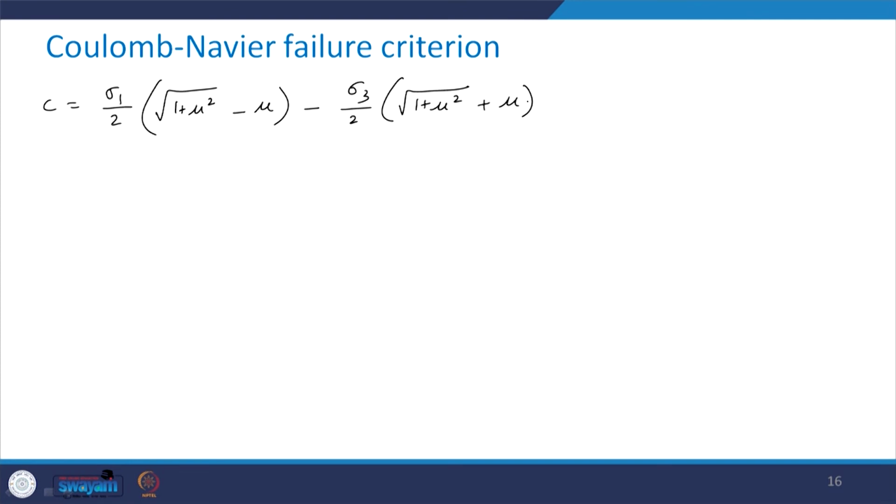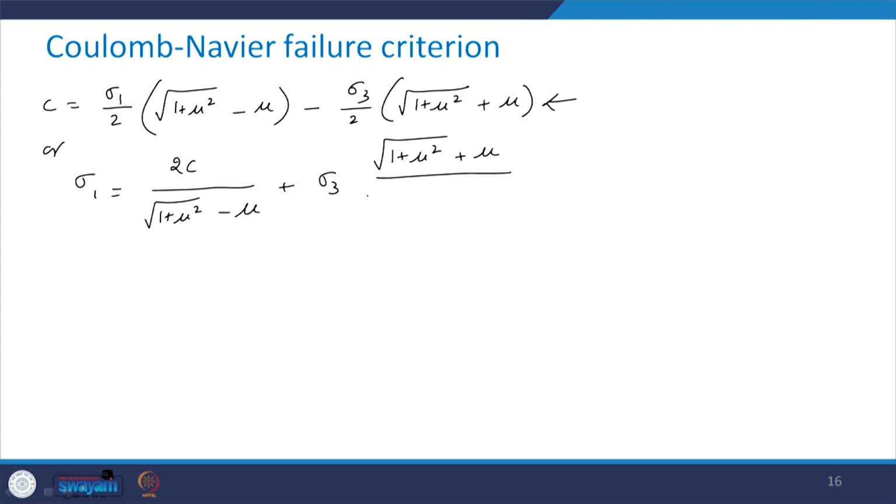There is no new mathematics here, it is only juggling the terms on either side of the equality sign. Or we can write it as sigma 1 equal to 2c upon (square root of 1 plus mu square minus mu), plus sigma 3 into (square root of 1 plus mu square plus mu) divided by (square root of 1 plus mu square minus mu). So we can write different versions of these equations.